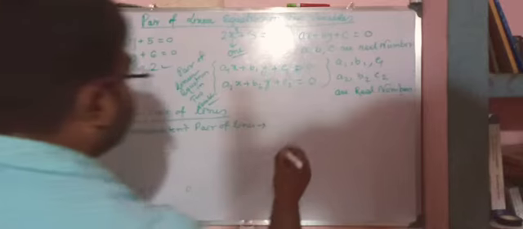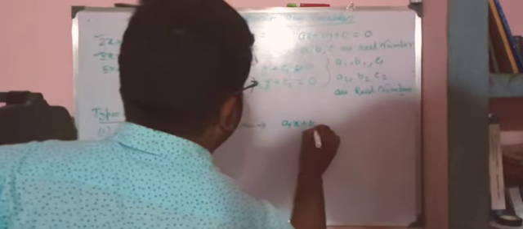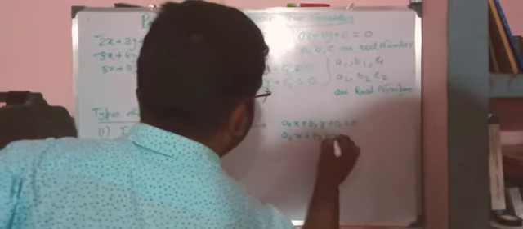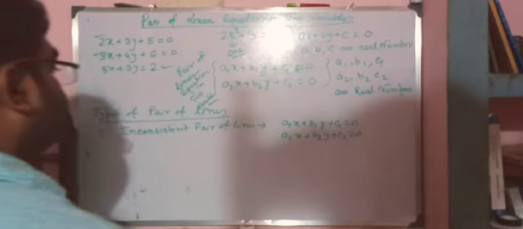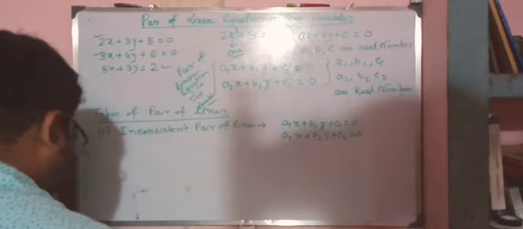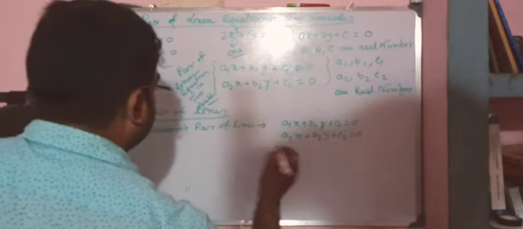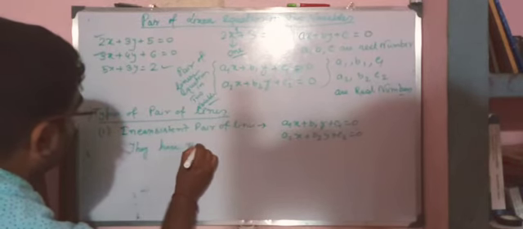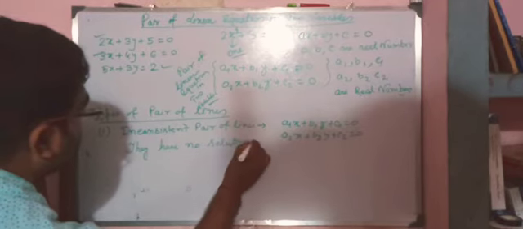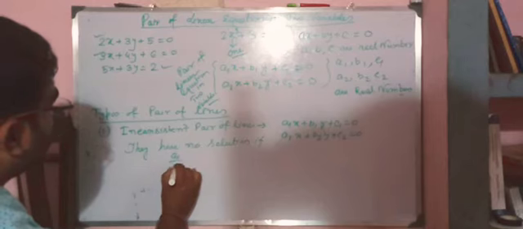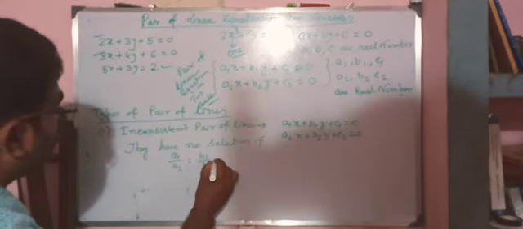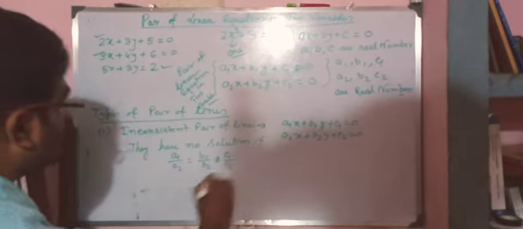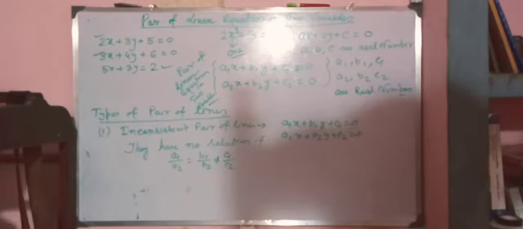That is, if we take a pair of lines a1x plus b1y plus c1 equal to 0 and a2x plus b2y plus c2 equal to 0, then they will have no solution if a1 by a2 equal to b1 by b2 is not equal to c1 by c2. Understood? So they will be called the inconsistent pair of lines.